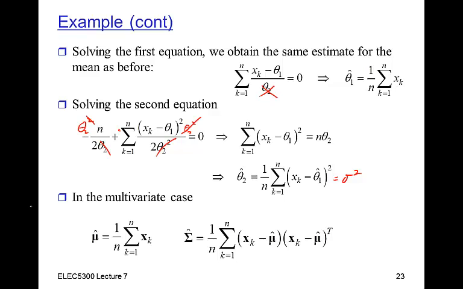Now I can do the same thing for the multivariate case, and it shouldn't surprise you that I'll get almost exactly the same kind of equations. The only difference here being that instead of doing this squaring thing here, I'm going to take x minus the mean times x minus the mean transpose. This is just to take into account the fact that I have a vector.